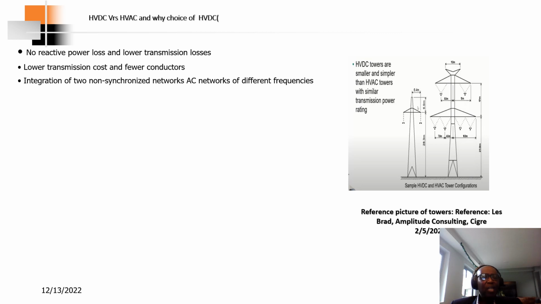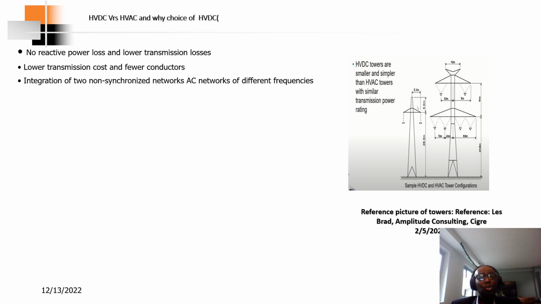HVDC can be integrated to 2 non-synchronized networks. Remember, I made mention that you can have a transmission frequency of generation of about 50 hertz, and you can have another country that is having 60 hertz.